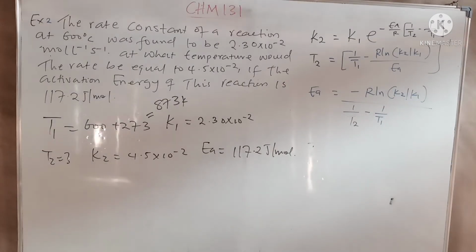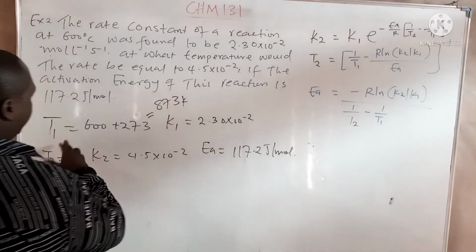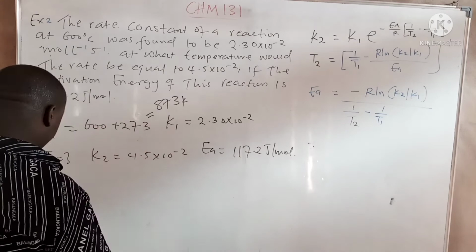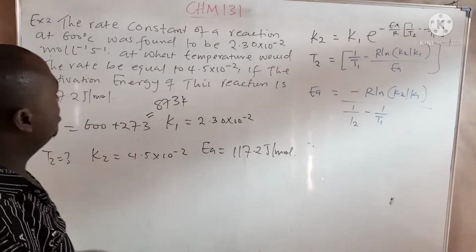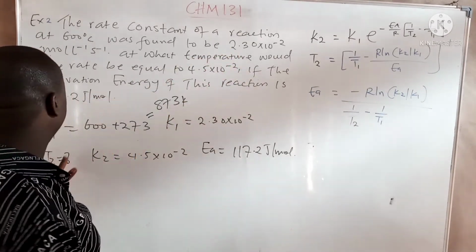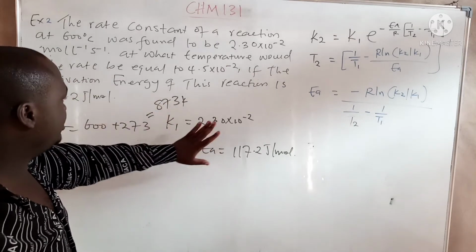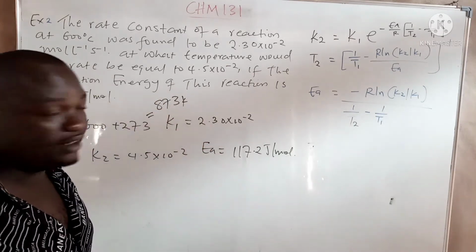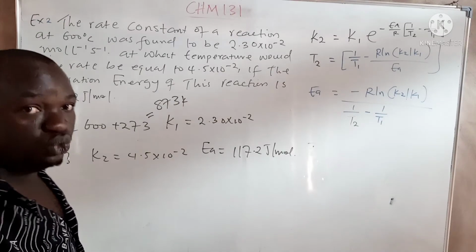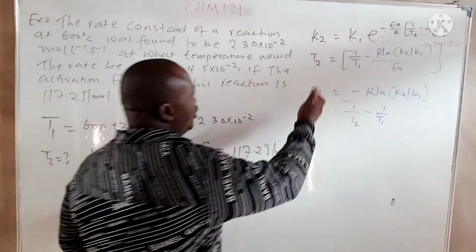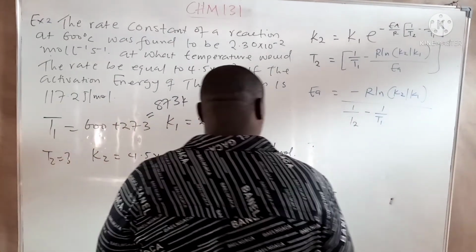As you can see from the board, the temperature one is given, I wrote it here, you have to add 273 to convert it to Kelvin. The first rate constant is given, and the second one was also given. I've written it on the board. The activation energy is given. They want you to calculate T2. So all you need to do is write down your formula here.